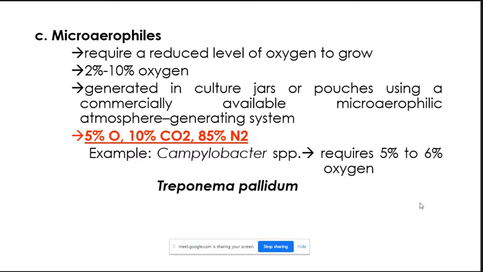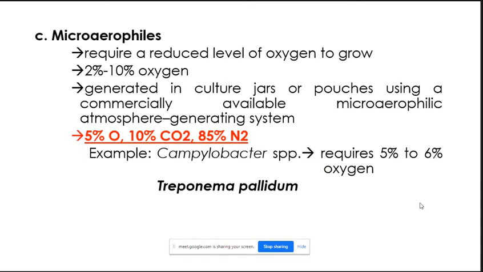And this environment may be generated in culture jars or pouches using a commercially available microaerophilic atmosphere generating system. So that the percentage here, meron siya kasing kasama na carbon dioxide. So 5% of oxygen, 10% carbon dioxide. Then you have there your 85% nitrogen.